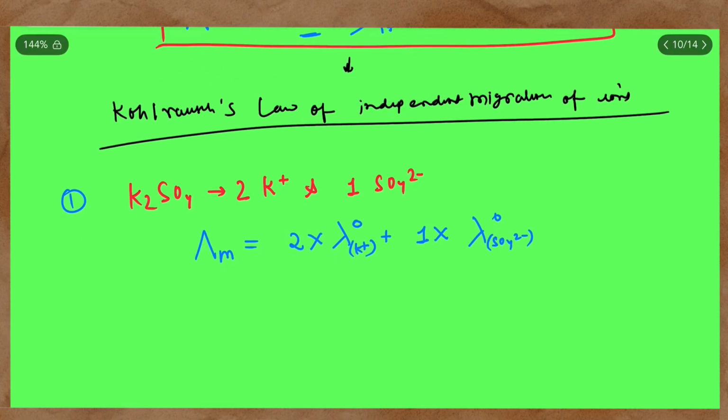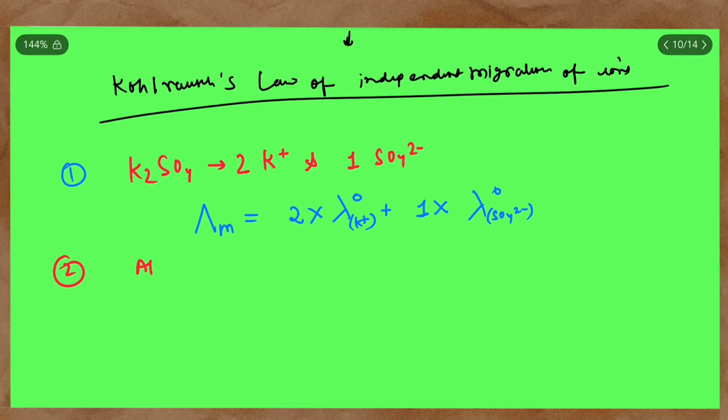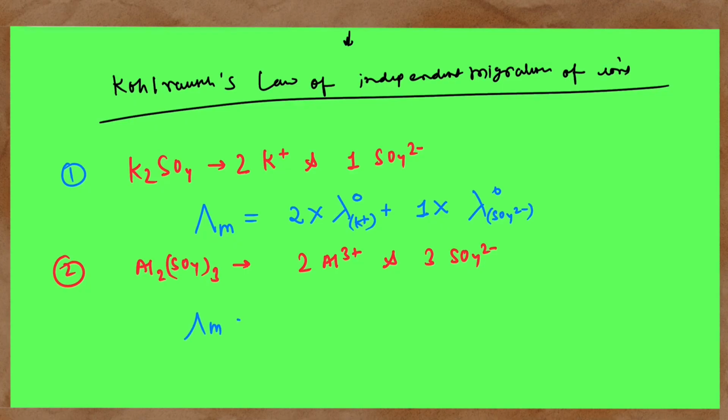Now moving to the second example. If I have Al2(SO4)3, here we have 2 Al3 plus ions and we have 3 sulfate ions. So in this case, by using Kohlrausch law, we can say that the molar conductivity of the electrolyte is equal to 2 times the molar conductivity of the cation Al3 plus at infinite dilution, plus we have 3 anions, so 3 times lambda naught of SO4 2 negative.